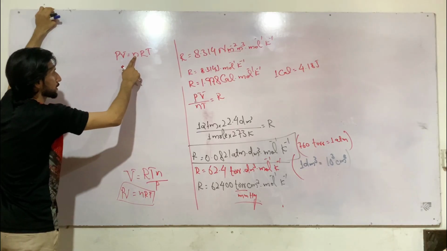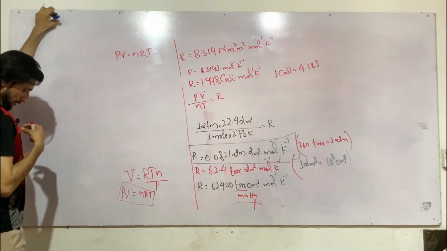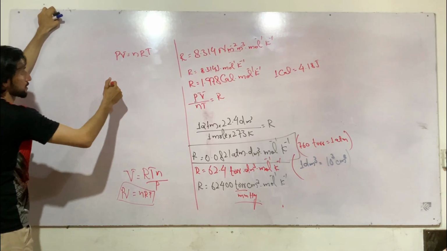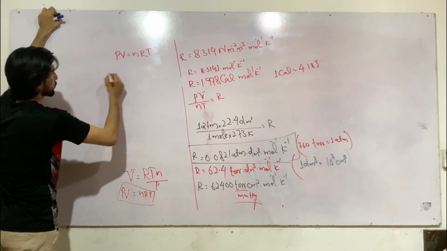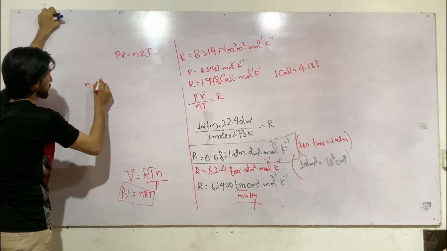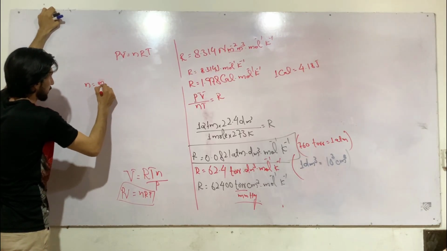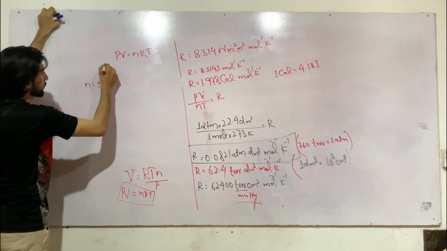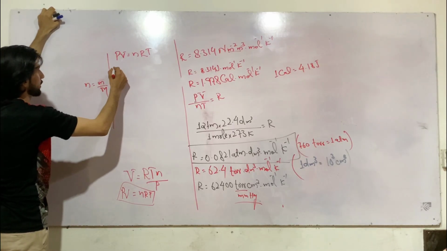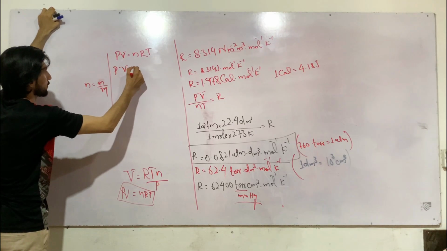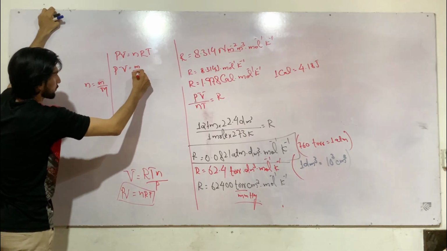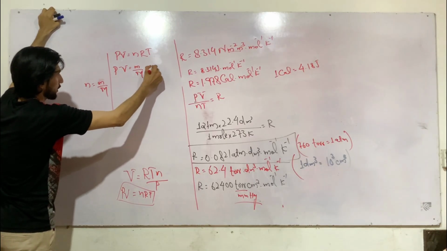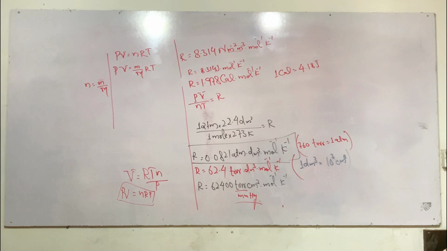If I break apart this term, n is the number of moles. For number of moles, we know that it is mass in gram over molar mass. So I can replace n here: PV becomes mass in gram over molar mass times RT.